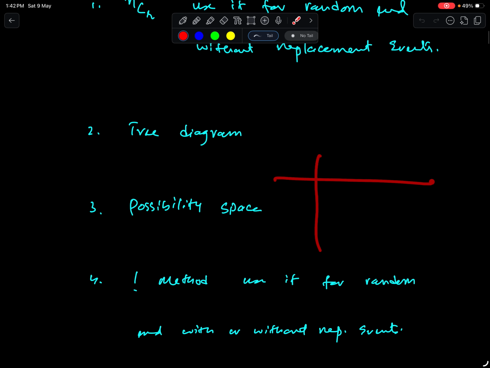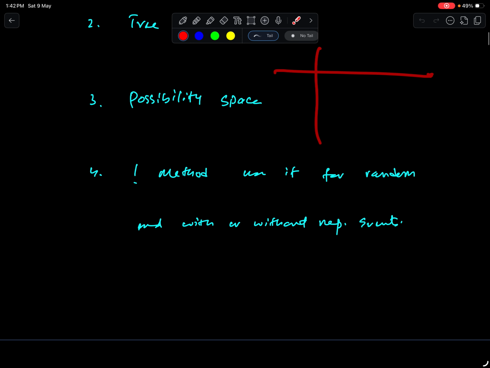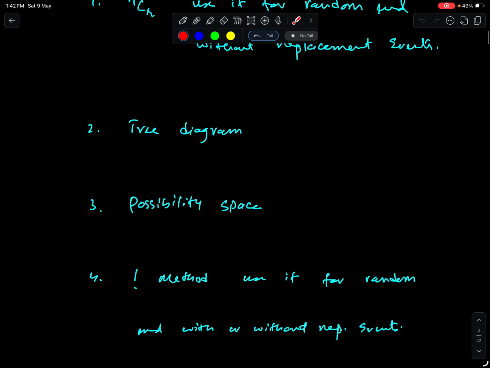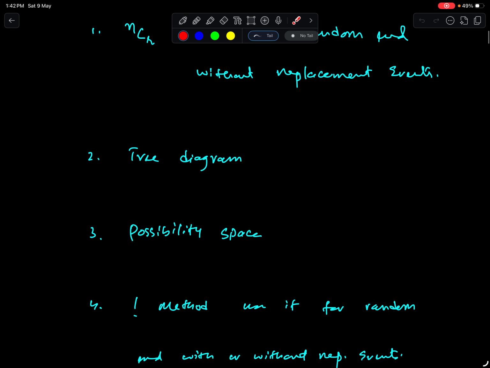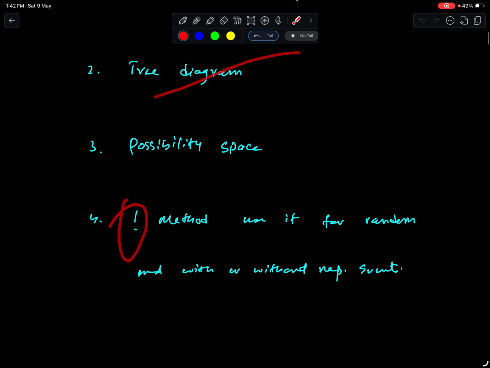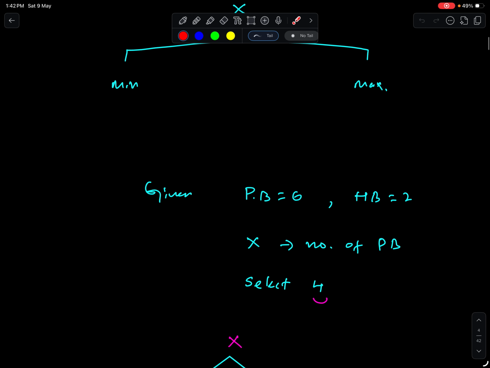It is like this. That was the sample space, which I told you. So you must be good at possibility space, tree diagram, factorial method. Factorial method is used for with and without replacement events, for the order of the arrangements. So these things are important.